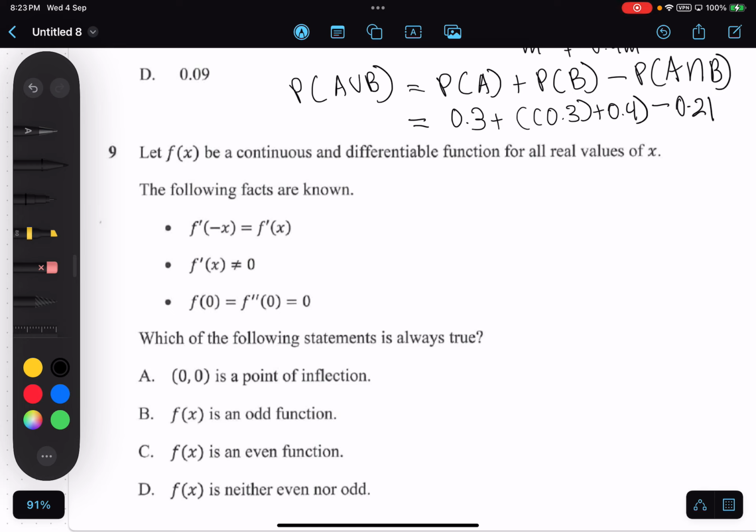F of 0 equals f double dash of 0, which equals 0. Alright, so before I go into how to answer this question, I'm going to say that I got tricked by this last point here into believing that 0, 0 is a point of inflection, which it isn't.